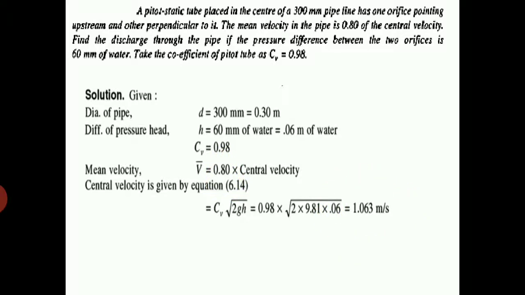So we'll be getting the mean velocity, and after getting this mean velocity we can calculate the discharge by Q is equal to area into velocity. That is, discharge is equal to area into mean velocity. Then just take the area of this, that is pi by 4 into 0.3 square multiplied by 1.063 multiplied by 0.8 will be giving us the discharge value.